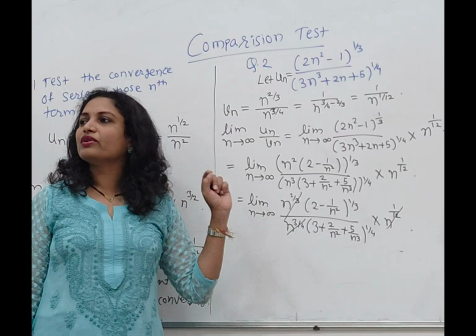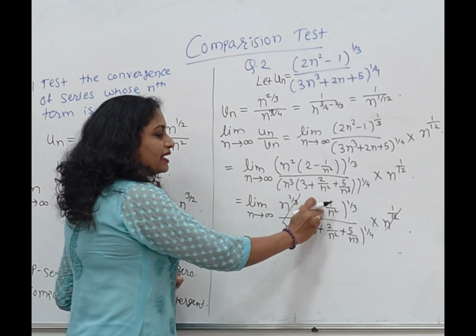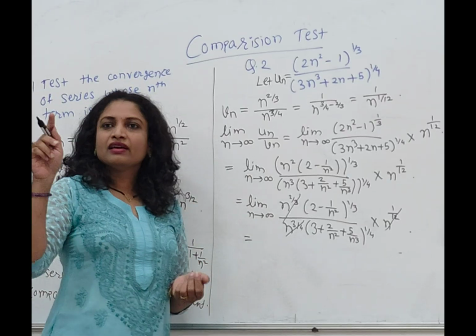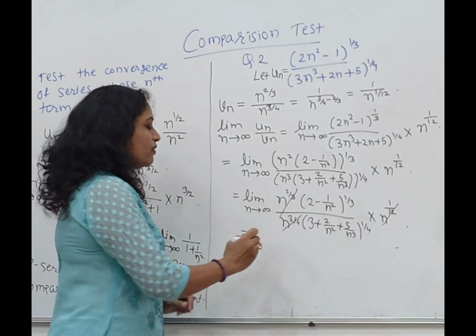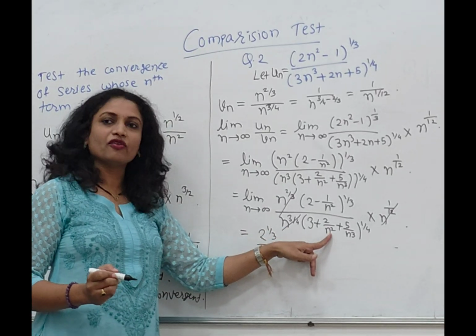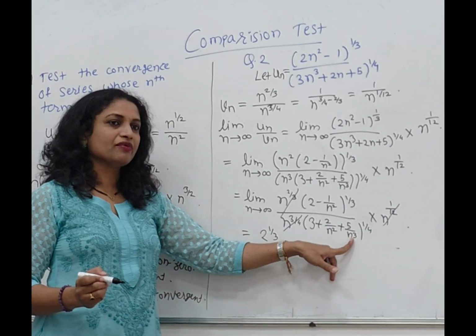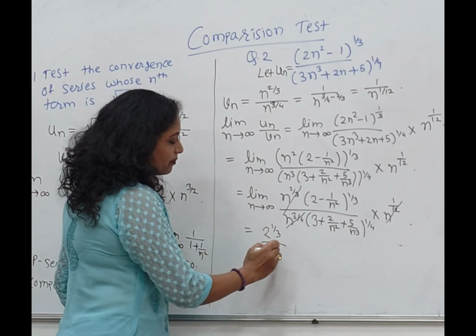Wherever there is n, put the limit infinity over there. So what are you going to get? 2 minus 1 upon infinity, 1 upon infinity is 0, so 2 raised to 1 by 3. And then in the denominator this term will become 0, this term will become 0, only you will have this 3, that is 3 raised to 1 by 4.